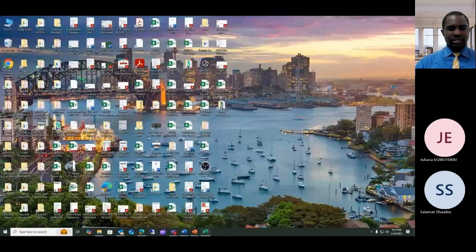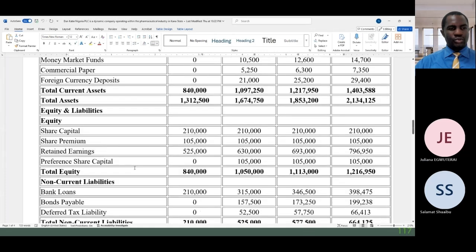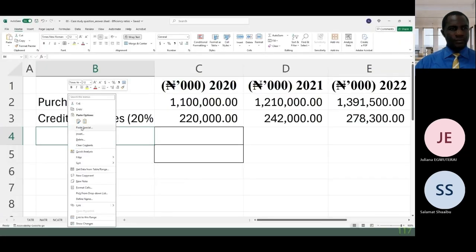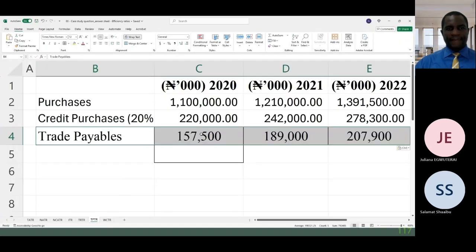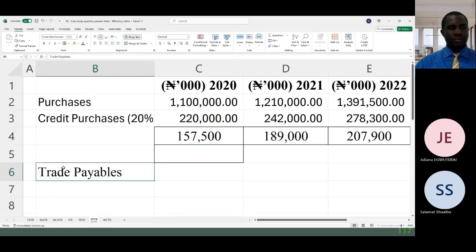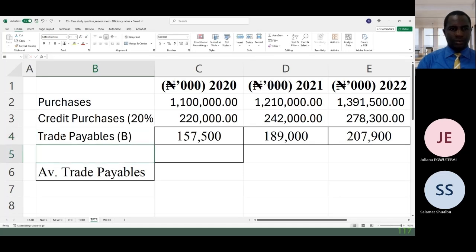Okay. So let me get my average trade payables. So I'll pick the opening and closing trade payables. Let me put this as average, then trade payables beginning, trade payables ending.